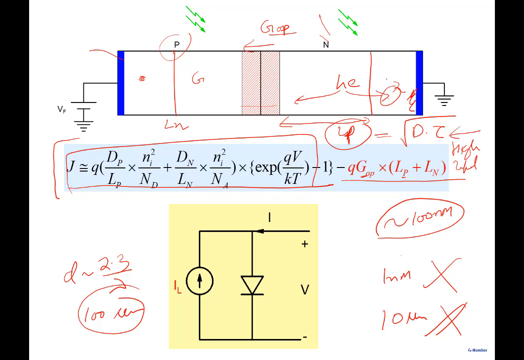Do you know of any way you can prevent the holes? It's outside the depletion region, right? So you have to prevent them. One way of doing this is you create what is called a back surface field. Back surface field. So suppose I could make a band diagram here.